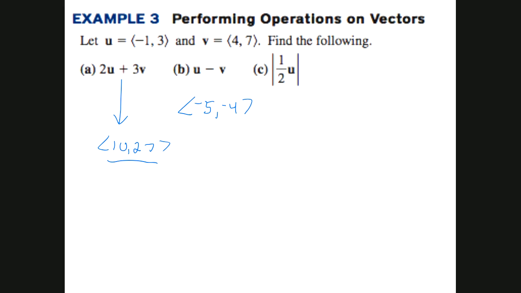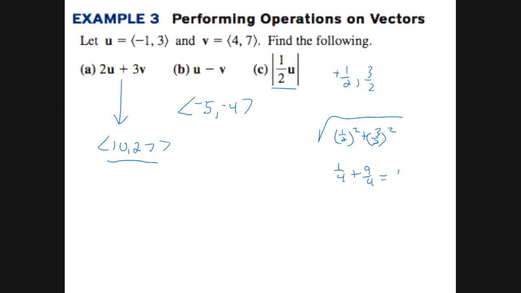And what is this? The absolute value of 1/2 u. If I did this problem, the first thing I would do is 1/2 times u, which gives me -1/2, comma, 3/2. But remember, the magnitude is just positive. So this is just going to be the square root of 1/2 squared plus 3/2 squared, which is 1/4 plus 9/4, which is 10/4.